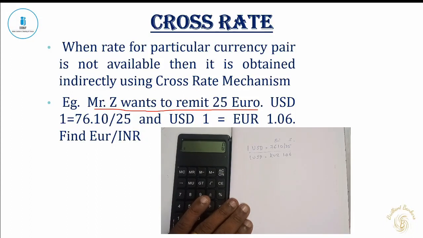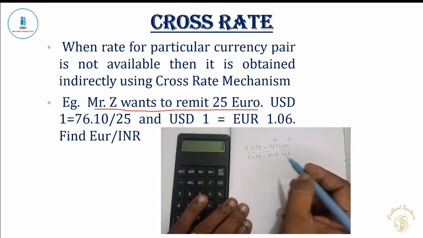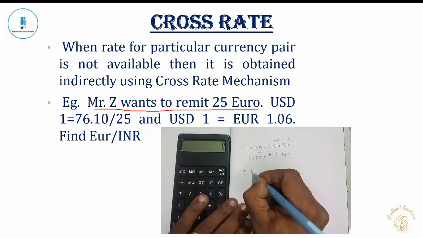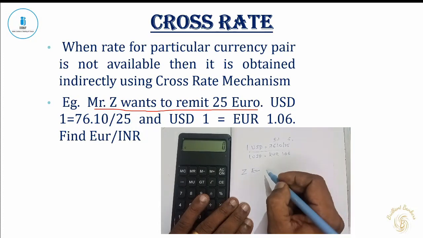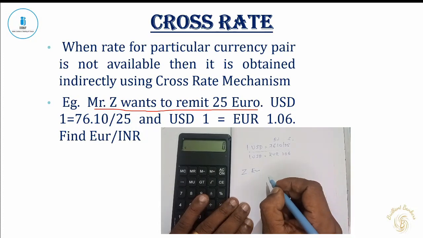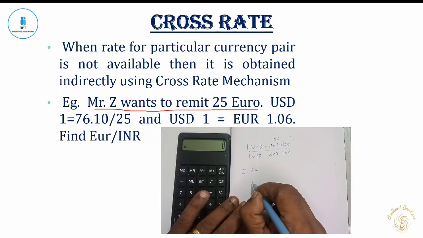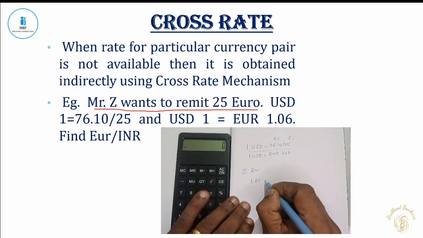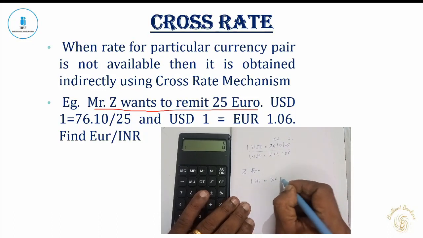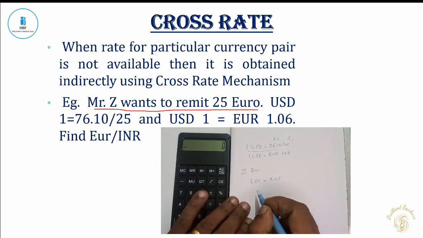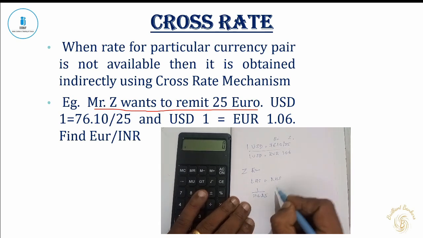I think each and every person here has gone through the basic maths in school. So we will be doing the same thing. Here we will be going for the LHS versus RHS, that is 1 by 76.25 is equal to 1 by 1.06. We go for a cross multiplication where we come to know that 1.06 euros is 76.25 rupees. So what is 1 euro?